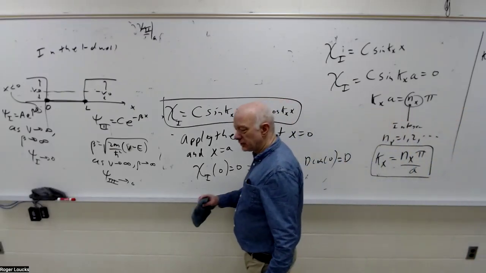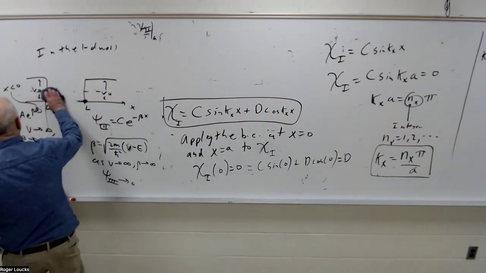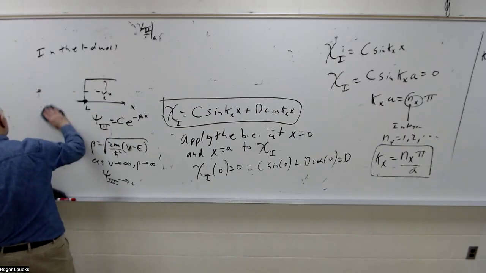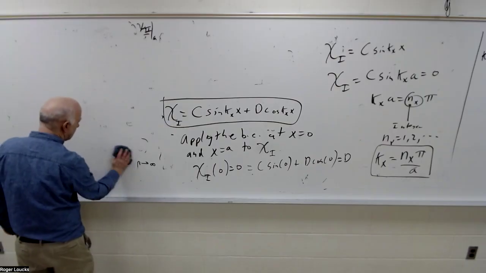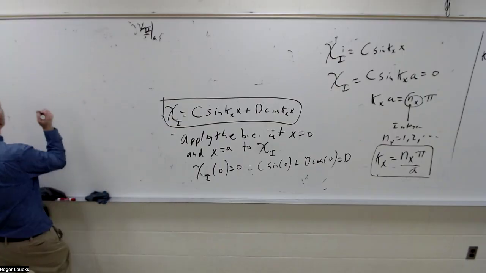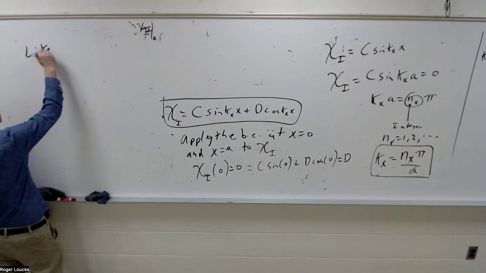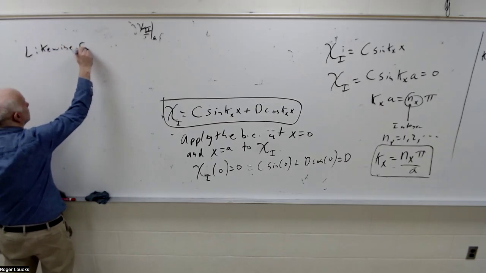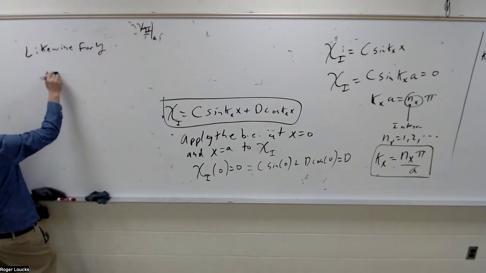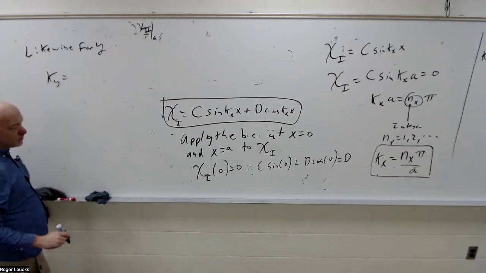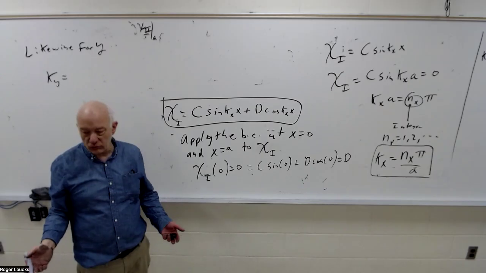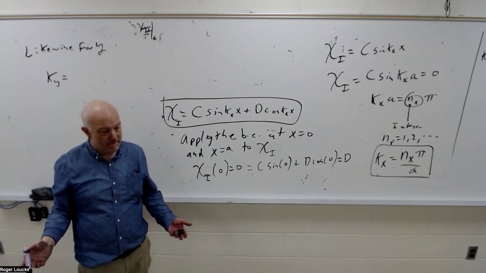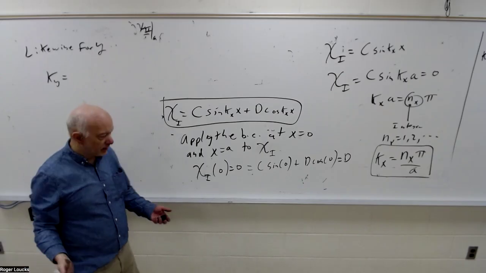Hey, what would happen if we did the same thing for y? Yeah, so likewise, I can get ky equals, okay, so we could have a different quantum number, so what would be a nice name for that? ny.